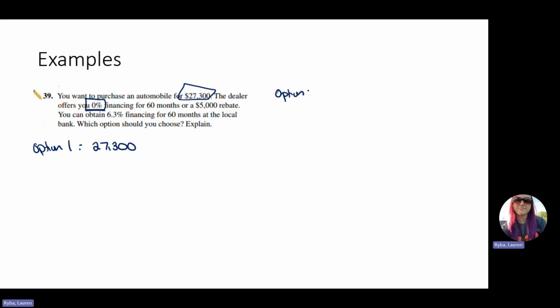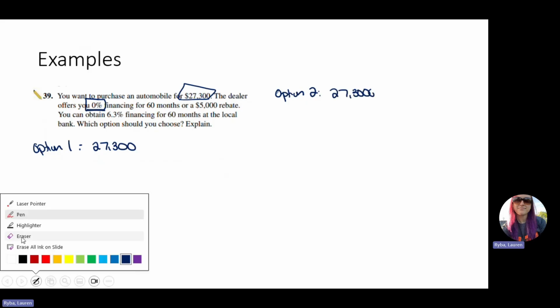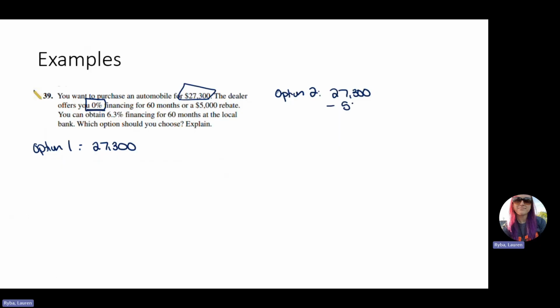Now, option two, instead of paying outright, you decide to take the $5,000 rebate. So they take the initial cost of the car less the rebate. So they're going to take $5,000 off that, meaning you owe $22,300.